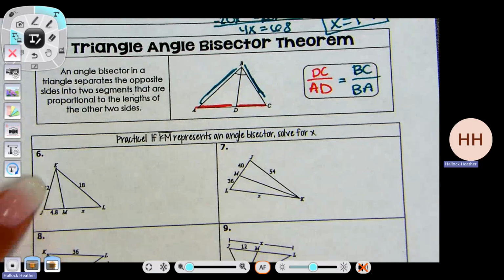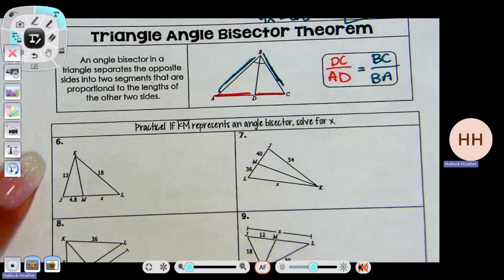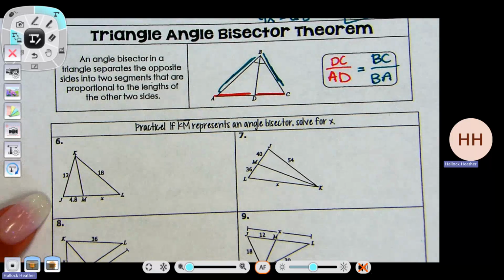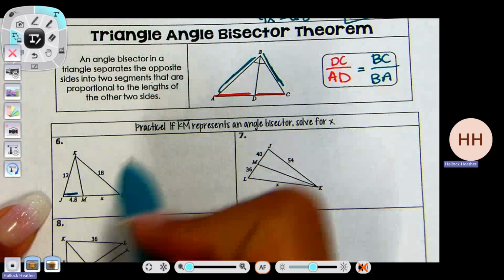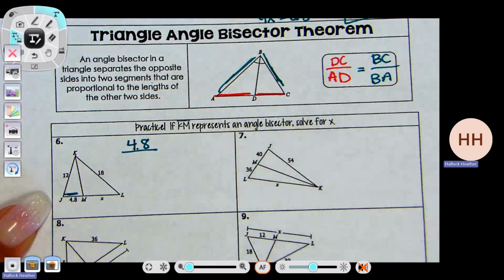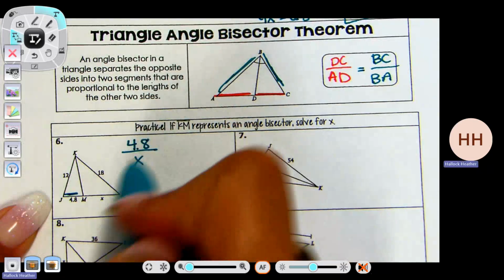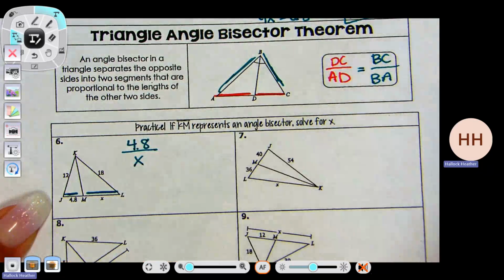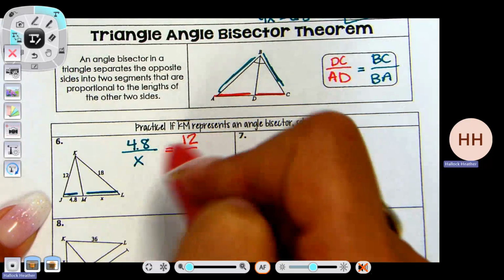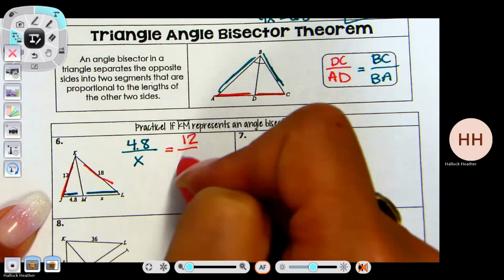So let's do number 6. You have 2 triangles. You have a small one on the left and a big one on the right. If I pick something on the small, say I choose 4.8, it matches with what? X, good. And then what is left on my small triangle? 12 over 18.